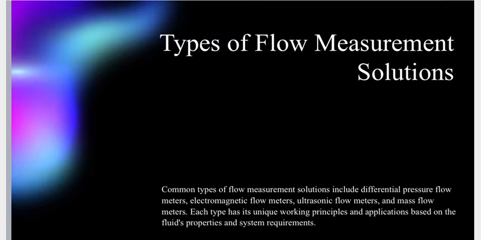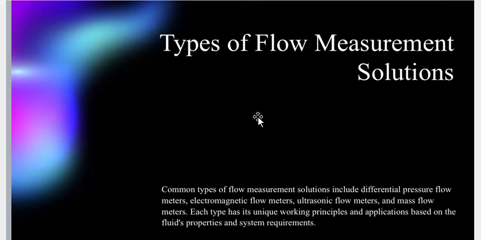The mass flow meter, and this is the last one of the flow meters, is the Coriolis flow meter, which measures the mass flow directly. The mass flow meter is the same thing as the Coriolis. The Coriolis measures the mass flow directly using the Coriolis effect when the fluid passes through a vibrating tube.